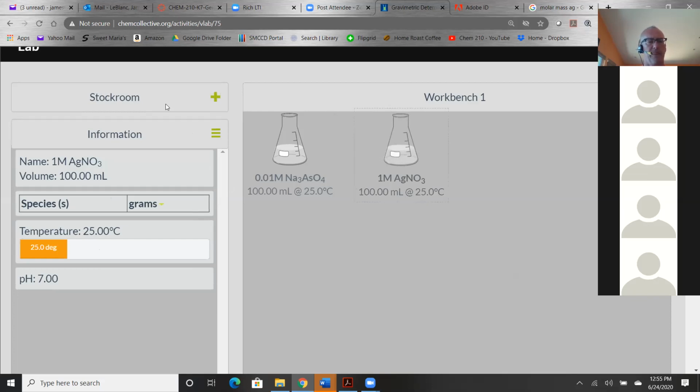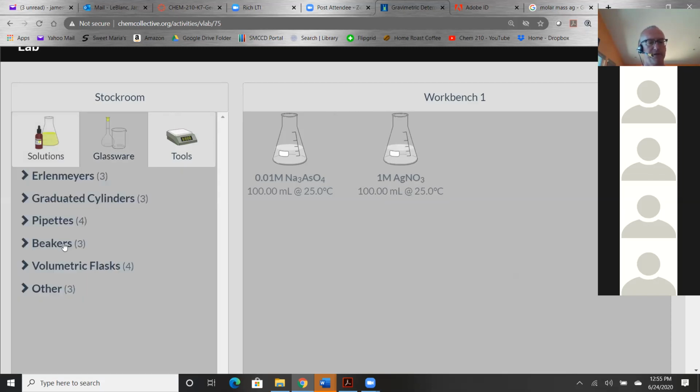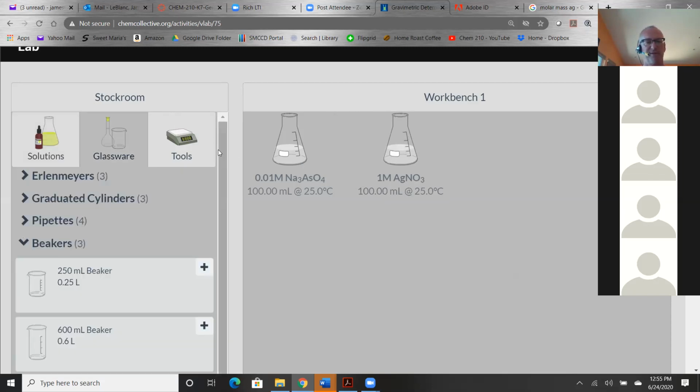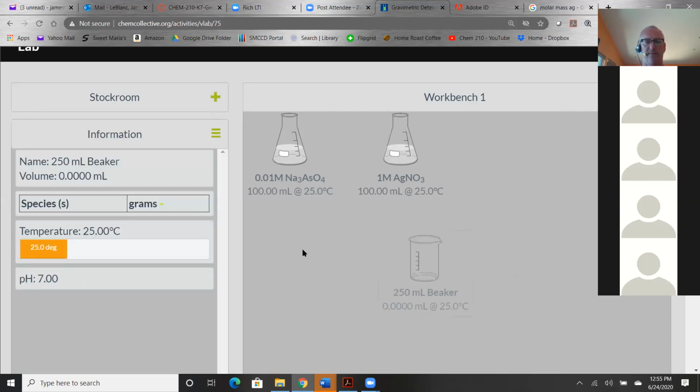Now, I'm going to go back to the stock room, and I'm going to get something to pour both of these things in. So I'm going to click on glassware, beakers, and a 250 ml beaker or a 600 ml beaker, it doesn't really matter which one. So I'm going to pour all of the arsenate into the beaker.